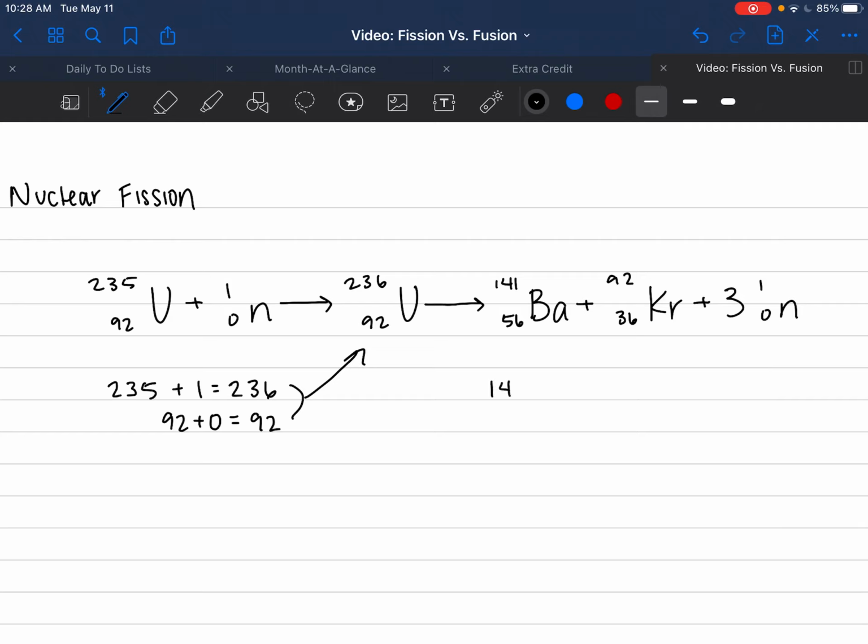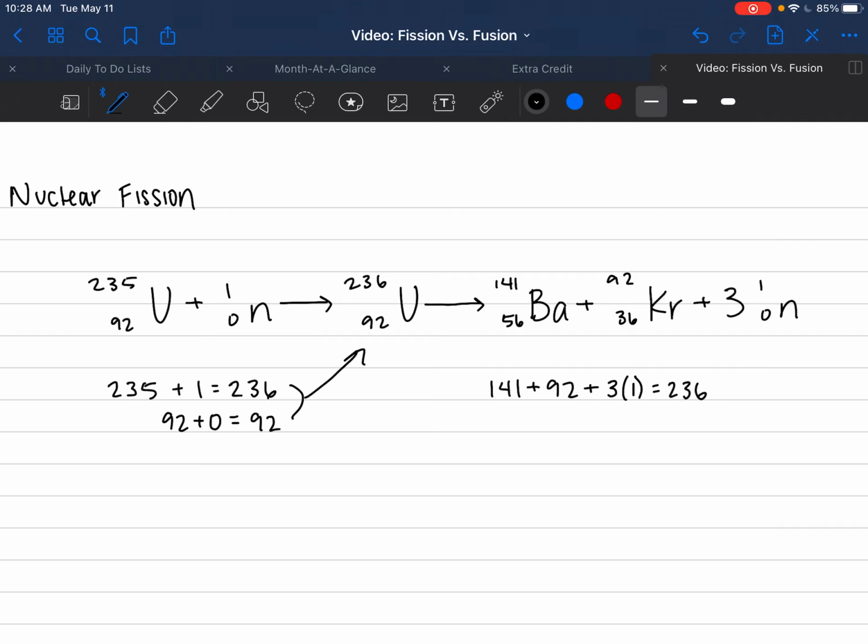For our mass numbers, 141 from that barium, plus 92 from the krypton, plus 3 times 1. It's important you remember there are 3 of those neutrons there, so we do have to add 3. When you plug that into the calculator, you'll get 141 plus 92 plus 3, and it is 236.